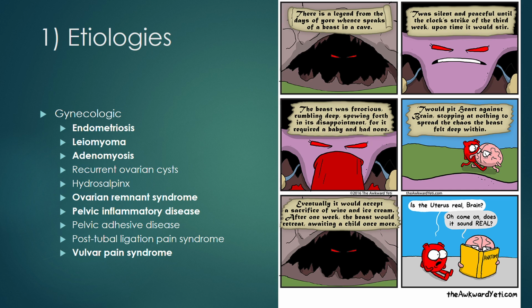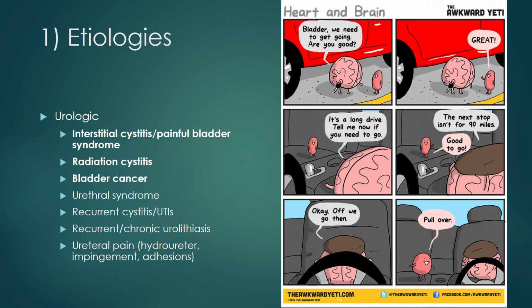These are the ones that are either most common or have some special clinical relevancy to talk about. For the urologic causes, we'll look more into interstitial cystitis, painful bladder syndrome is another name for it, radiation cystitis, and bladder cancer.